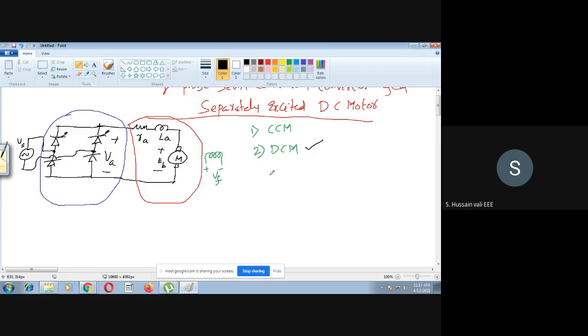So in the discontinuous conduction mode, we have derived the expression for VA. What is the expression for VA we got last class? If you recall, it is Vm by pi into (1 plus cos alpha) plus EB by pi into (pi plus alpha minus beta).